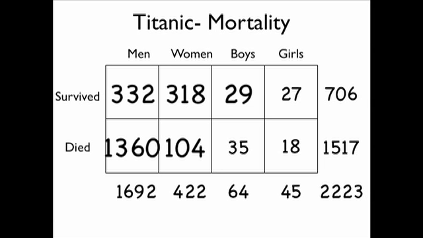The 29 boys who survived, with the 35 boys who died, add up to 64 boys aboard the Titanic. The 27 girls that survived, the 18 that died, add up to 45 girls aboard the Titanic. If you take 1,692, add it with 422, 64 and 45, again, you get 2,223 passengers aboard the Titanic.